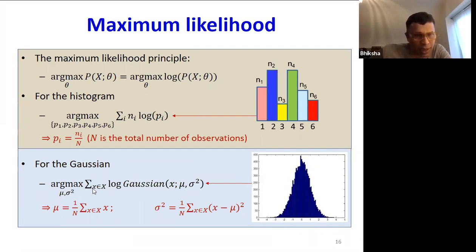You can optimize this term here with respect to mu and sigma squared by differentiating it and setting it to 0. And when you solve for it, you end up with these estimates for the mean and the variance. The maximum likelihood estimate for the mean, for example, is simply the average of all of the samples that you have observed.